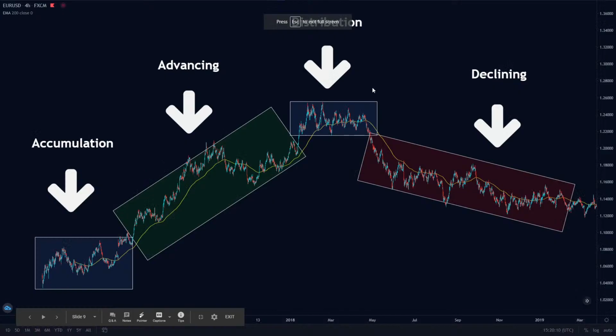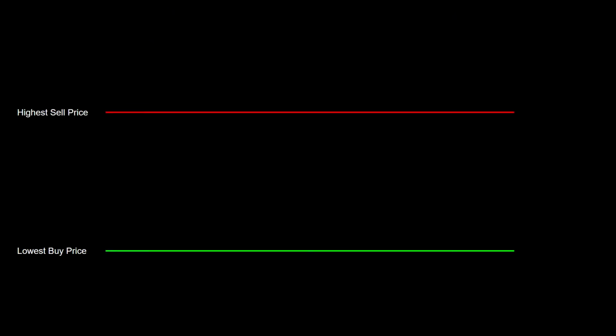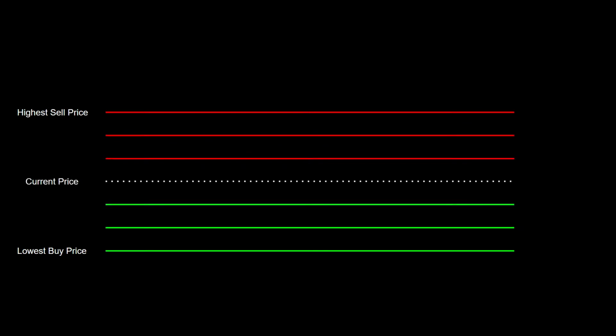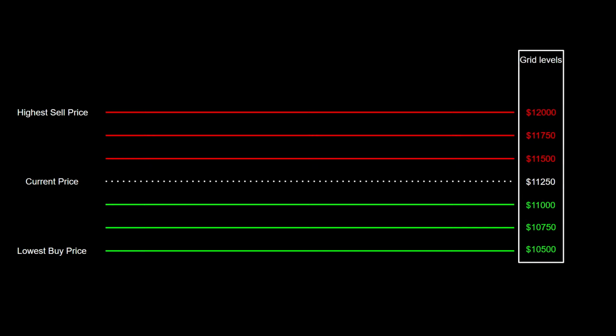That's the grid strategy. You have the highest sell price, the lowest buy price. This is basically your trading range. And within this trading range, you have other grid levels. So these are, in other words, your limit buy and limit sell orders. And the bot system that we use at Bitsgap equally distributes your investment per each of these levels.